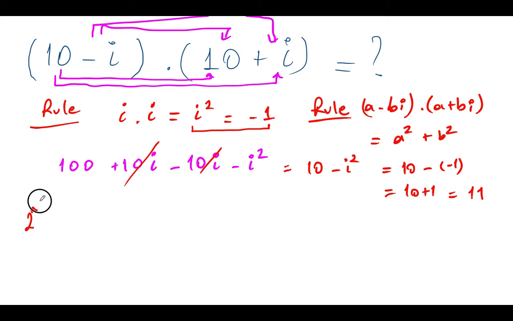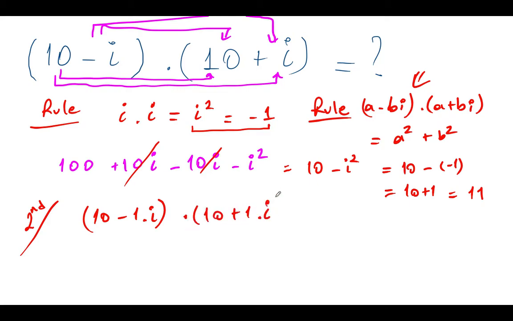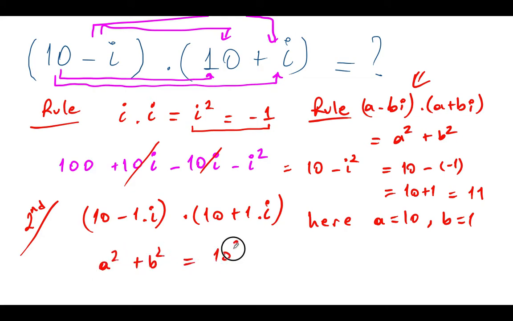So the second way, if we use directly application of this rule, (a - bi)(a + bi), here b is 1, so (10 minus 1 times i) times (10 plus 1 times i). If we say here a is 10 and b is 1, so directly the rule says a squared plus b squared, which means 10 squared plus 1 squared.